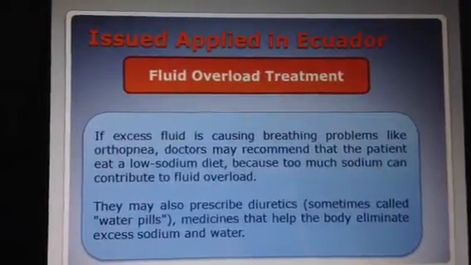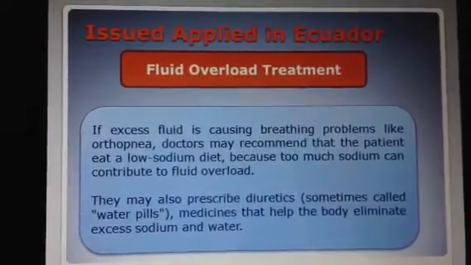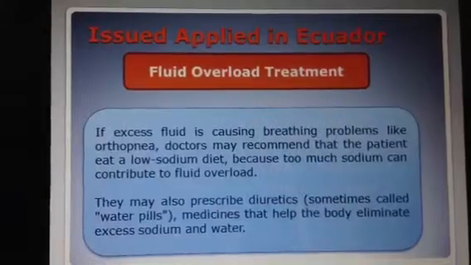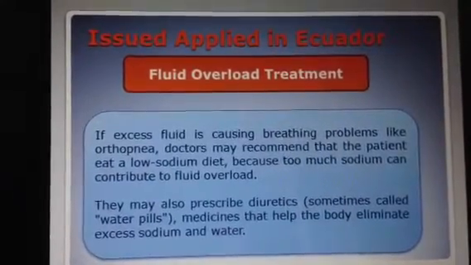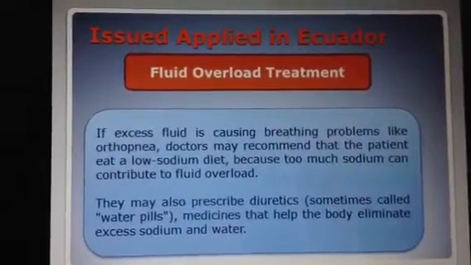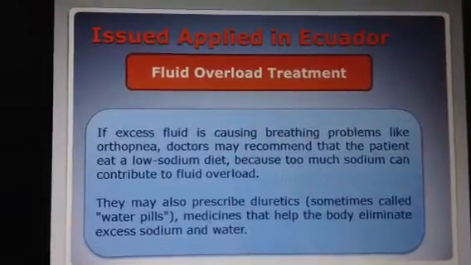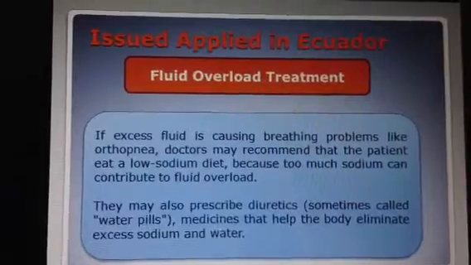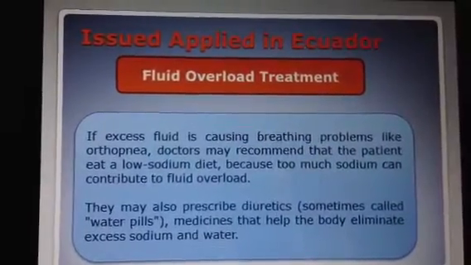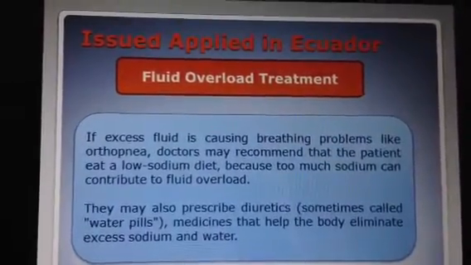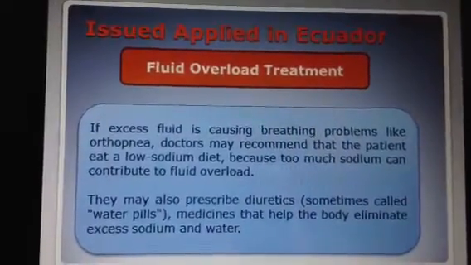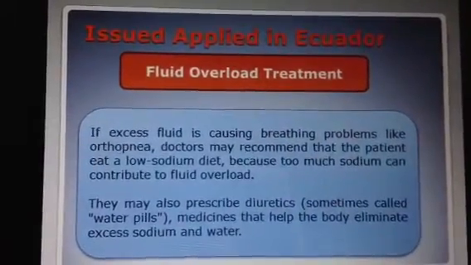Fluid overload treatment. When excess fluid is causing breathing problems like orthopnea, doctors may recommend that the patient eat a low sodium diet because too much sodium can contribute to fluid overload. They might also prescribe diuretics, medicine that helps the body eliminate excess sodium and water.